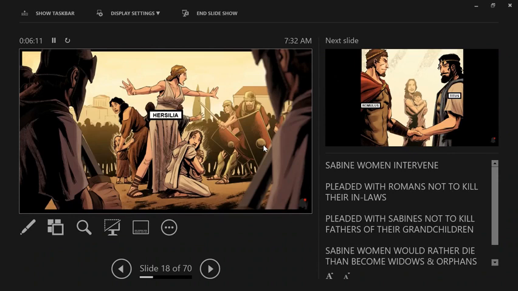And that is when the Sabine women go out into the middle and they stop the fighting, because if Romans kill Sabines, that means their family is being killed, right? It is their husbands and fathers and brothers that are being killed.